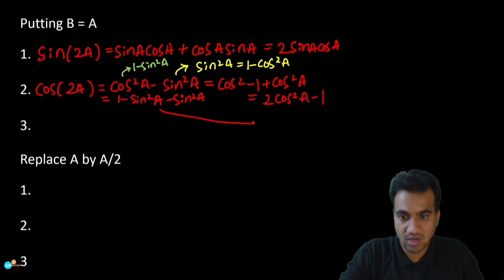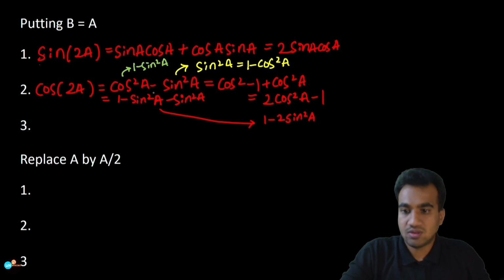So that I am going to write it here: 1 minus 2 sin square a. So we got 3 identities for cos 2a.